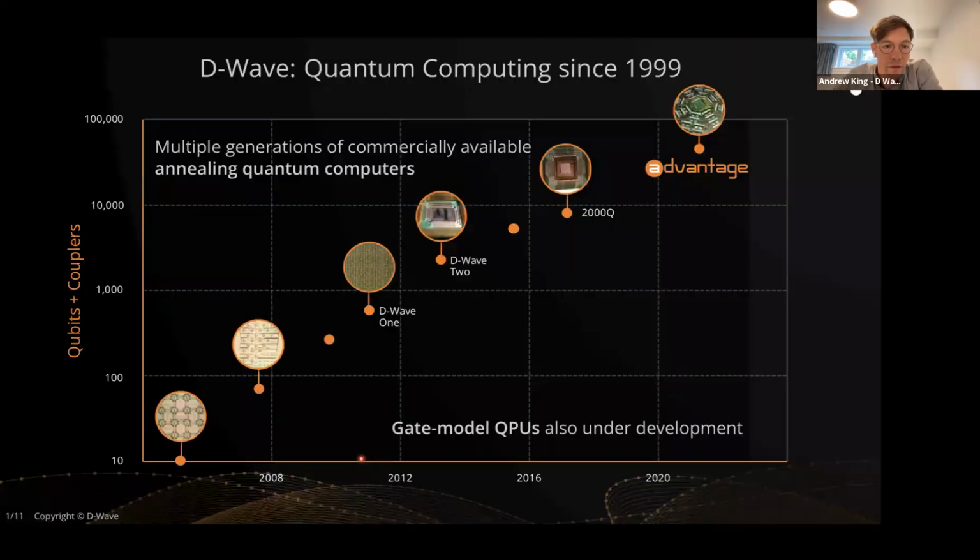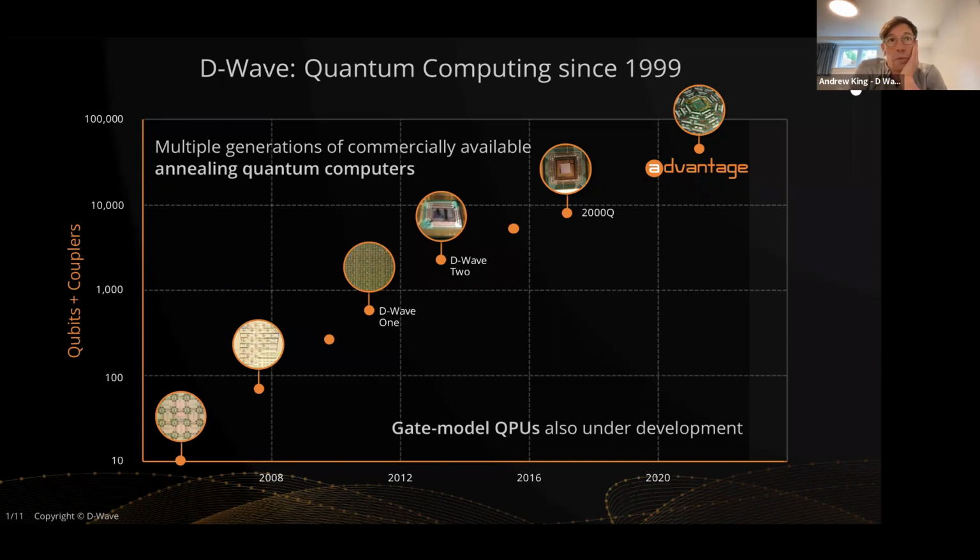So, without further ado, just an overview of quantum annealing research at D-Wave. D-Wave was the first company to offer a commercial quantum computing product, and we've been developing these prototypes for almost 20 years. The company has existed for over 20 years.